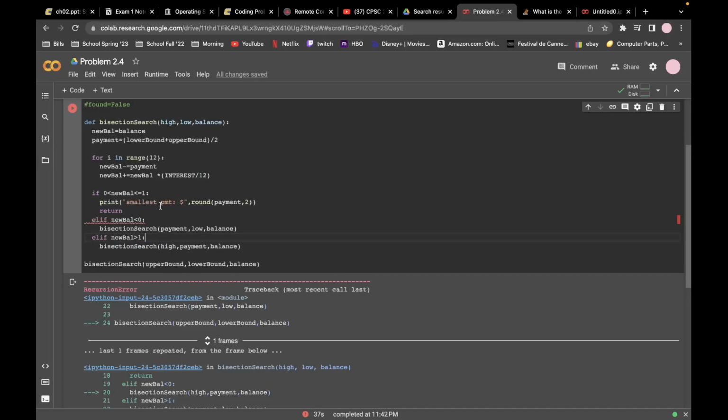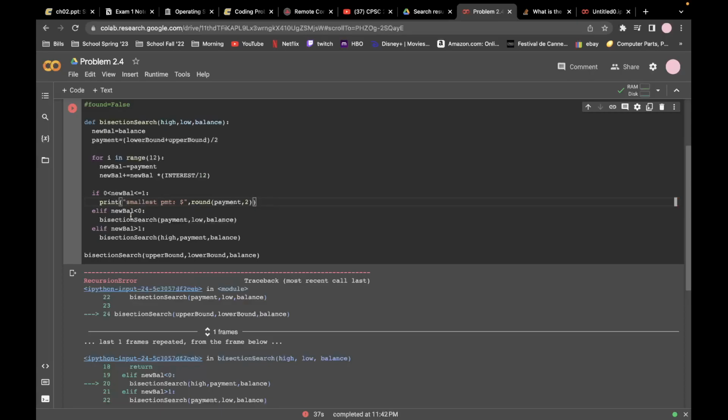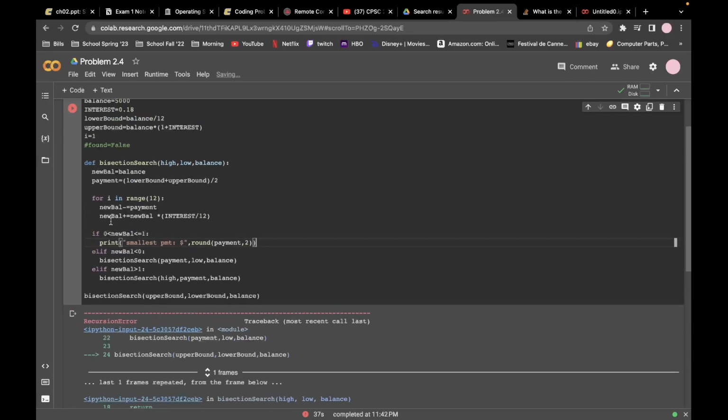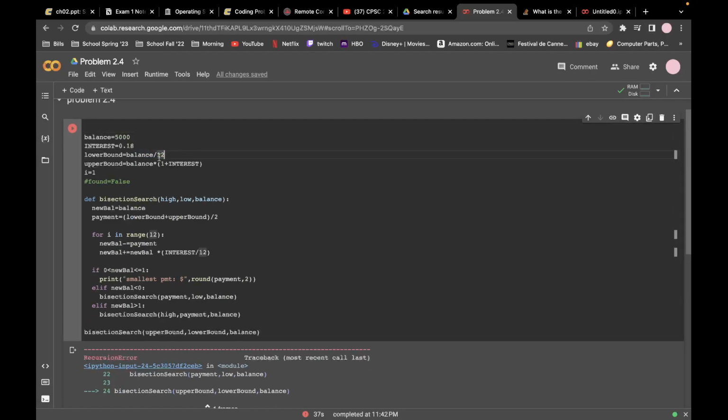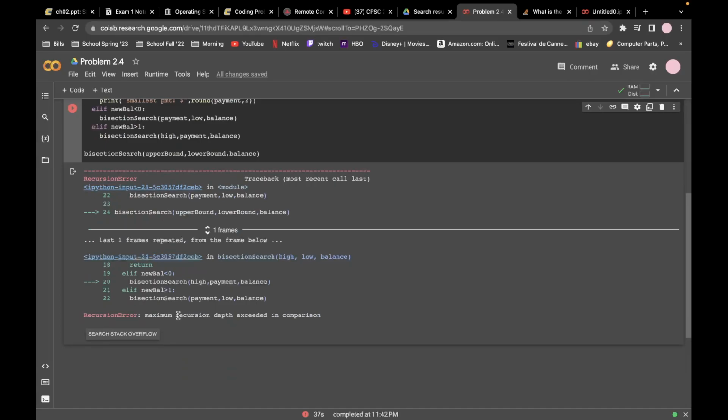How does this make sense? I have no idea. I don't know why it's saying maximum recursion depth exceeded.